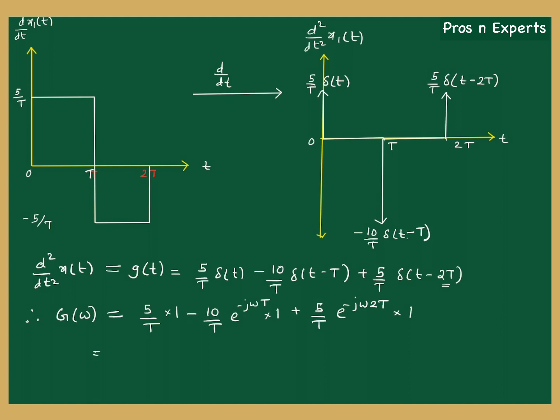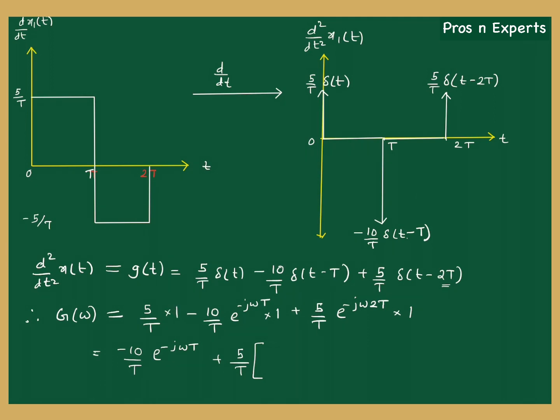So this is equal to minus 10 by t into e raised to minus j omega t plus 5 by t into 1.